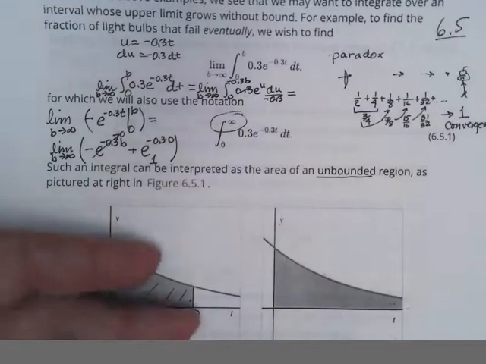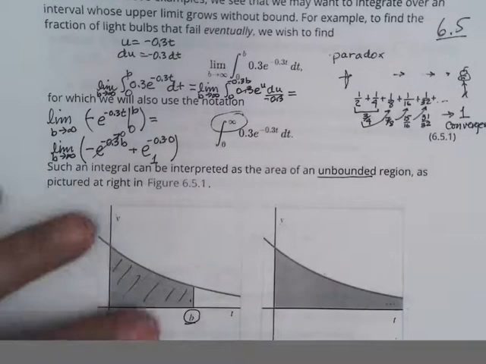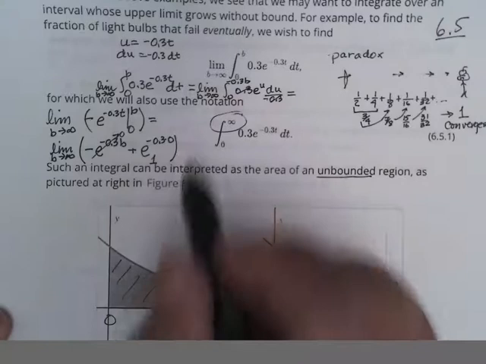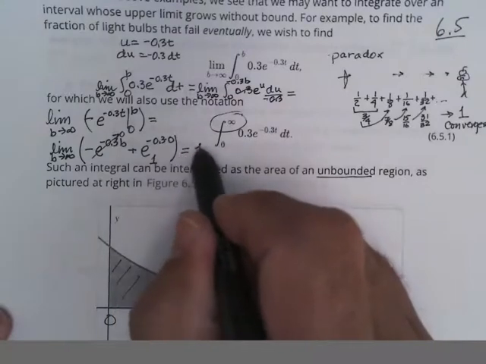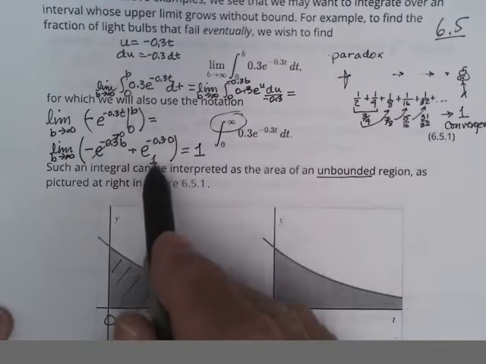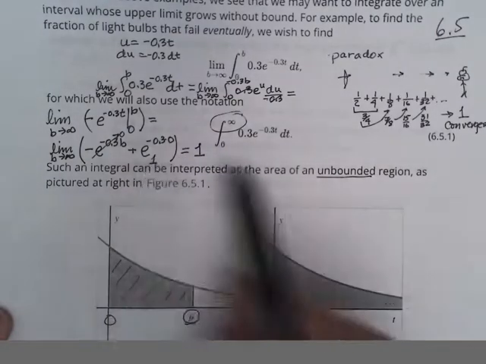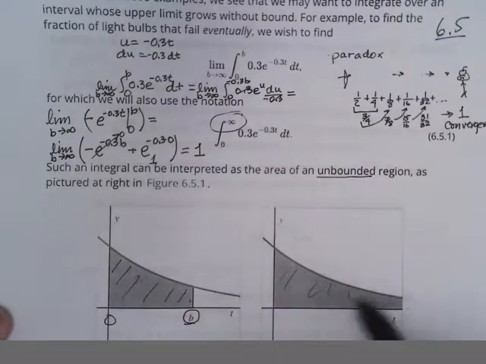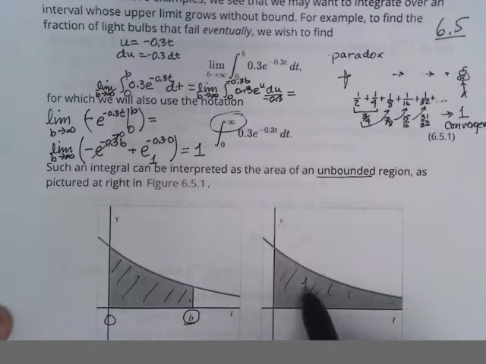Even though it's negative, which just flips it over, it's still headed towards 0. So this turns out to be 1. That's what this works out to be. So this area will add up to be equal to 1 unit.